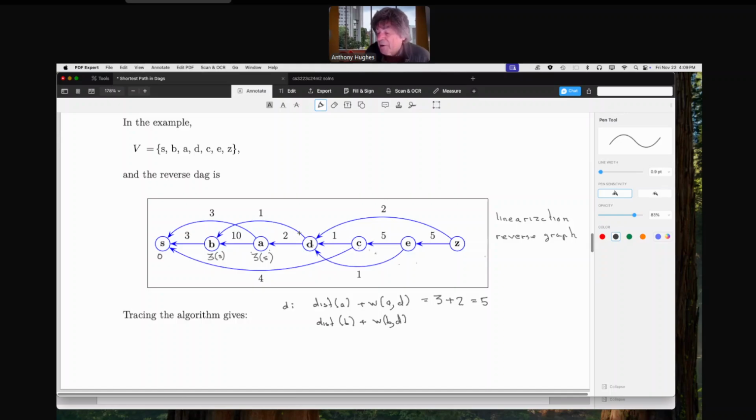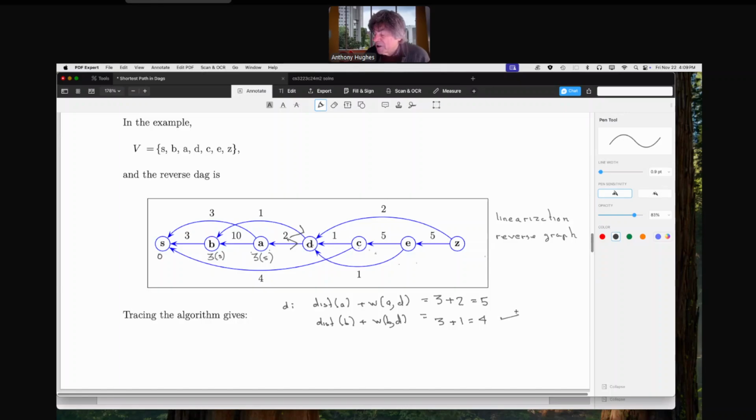So we can either come this way or we can go this way, and we backtrack to the parent nodes. See, we can go from D back to B or D back to A. And this is distance to B is 3. The weight of B to D is 1, equals 4.